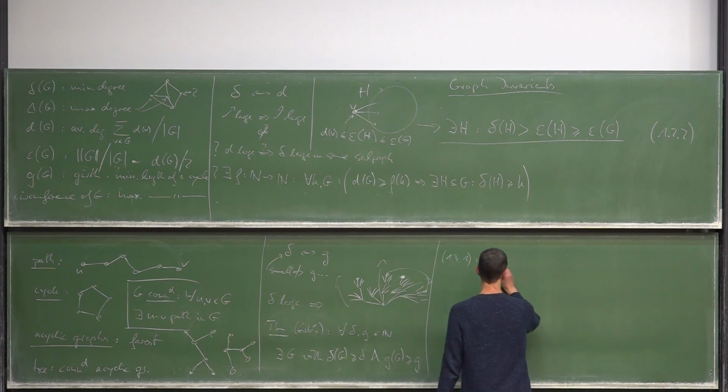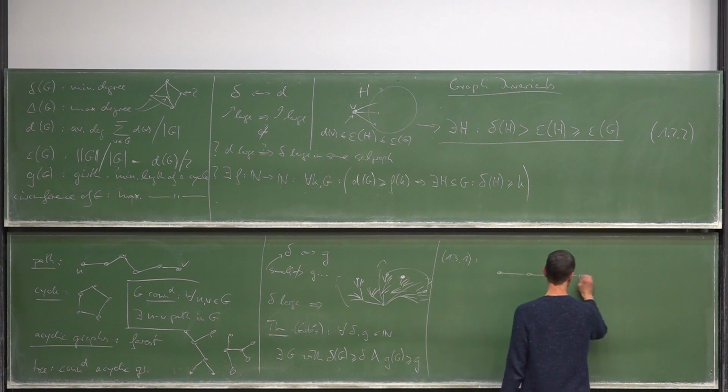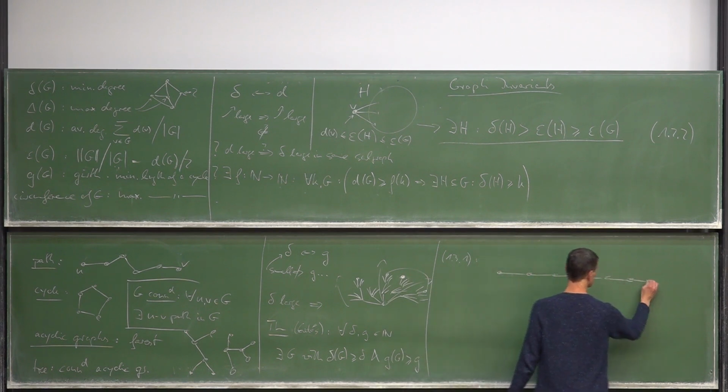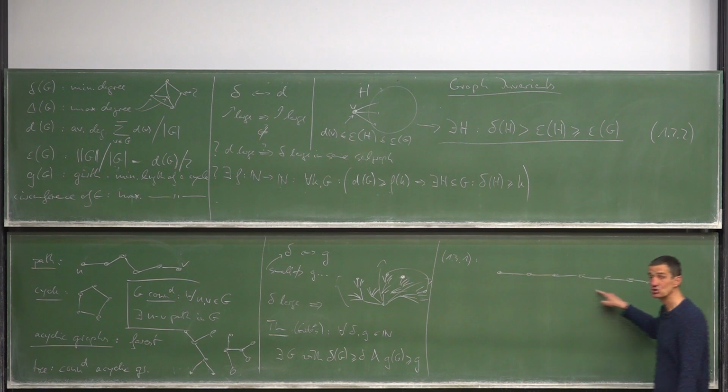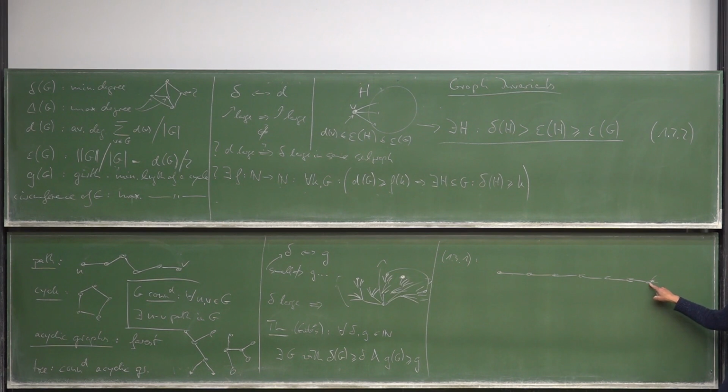Let's just start with the longest path. If the min degree is large, this longest path has to be long too, because this vertex has large degree, and if it's the longest path, then all its neighbors have to be already on that path. Otherwise, we could make it longer, right?